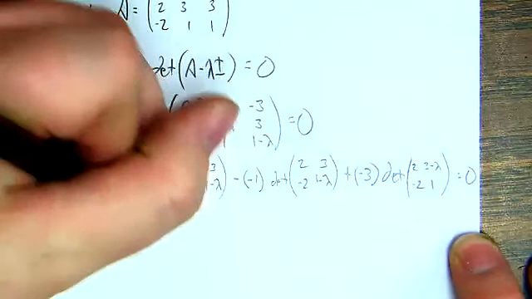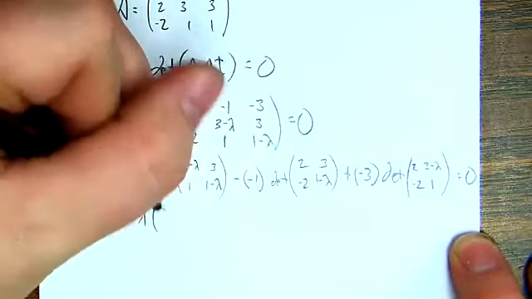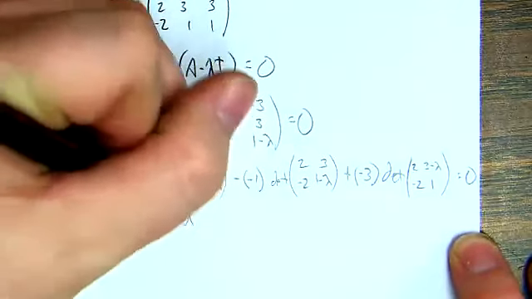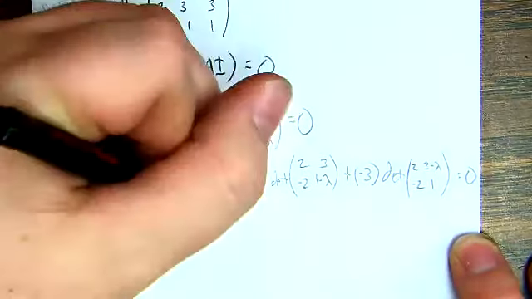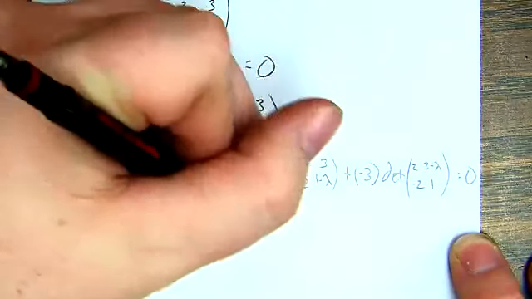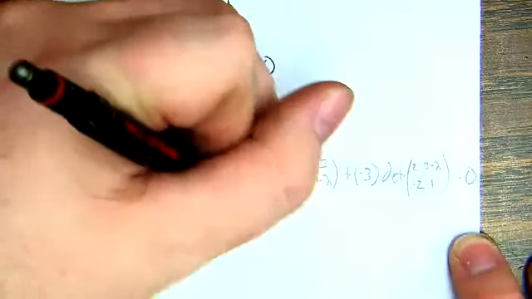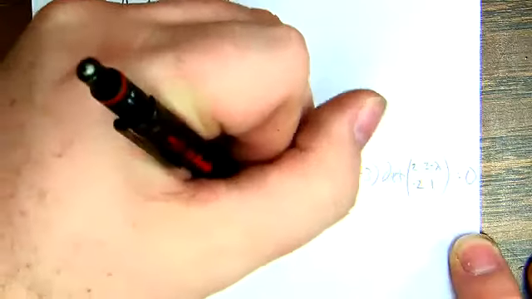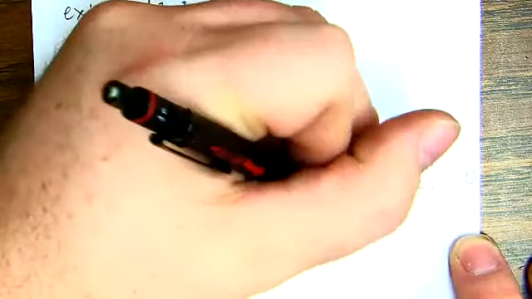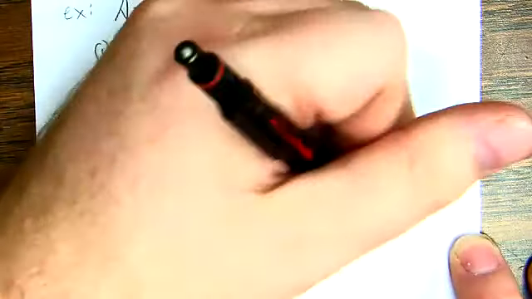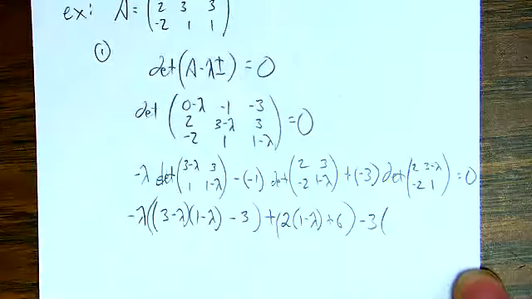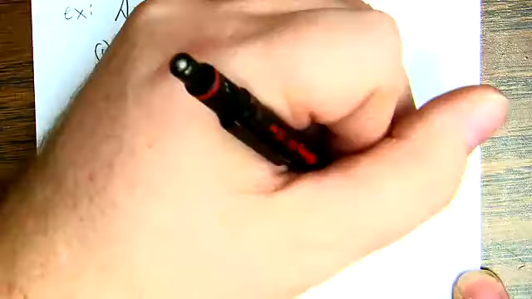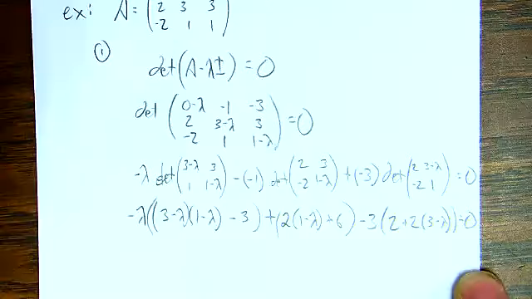So I have negative lambda times 3 minus lambda, 1 minus lambda, minus 3, plus 2 times 1 minus lambda, plus 6, minus 3 times 2 minus -2 times 3 minus lambda equals 0.